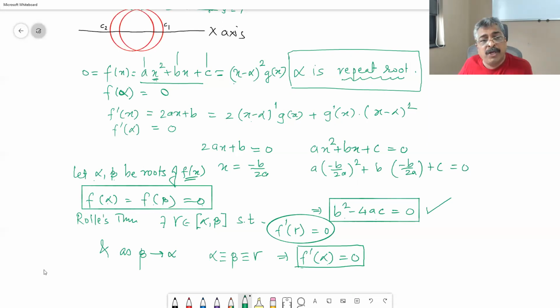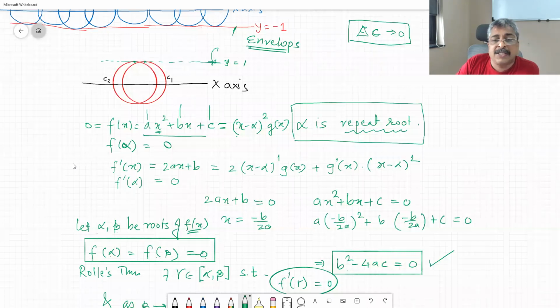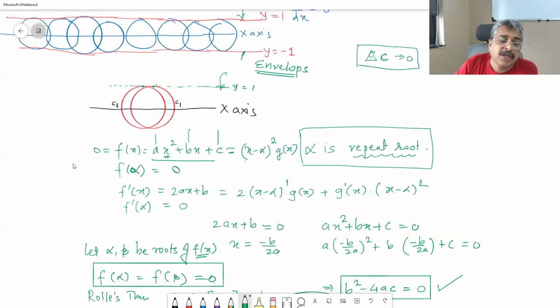Now, what we are looking for here is f of x, y, c equal to 0 as a solution of differential equation. And we are looking at values of c which are very close to each other, and it is almost a repeat root type of situation in c.